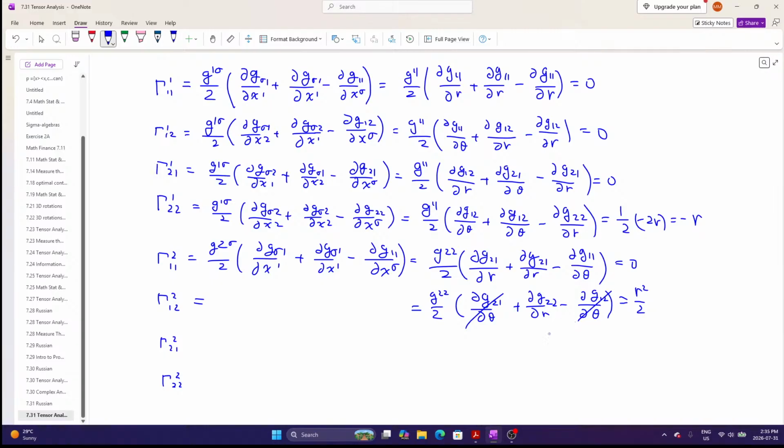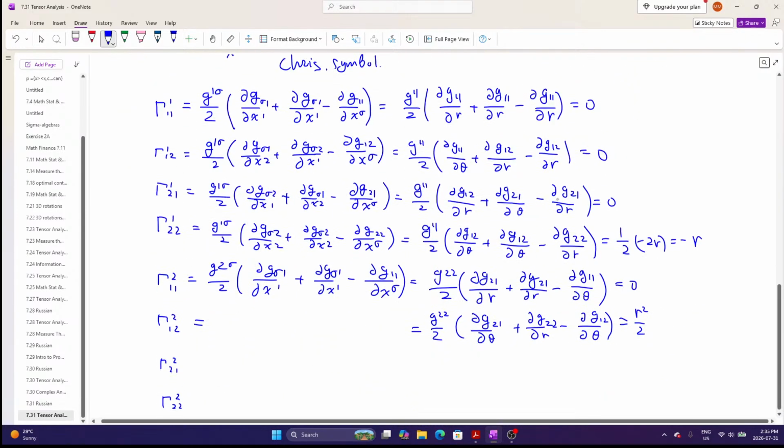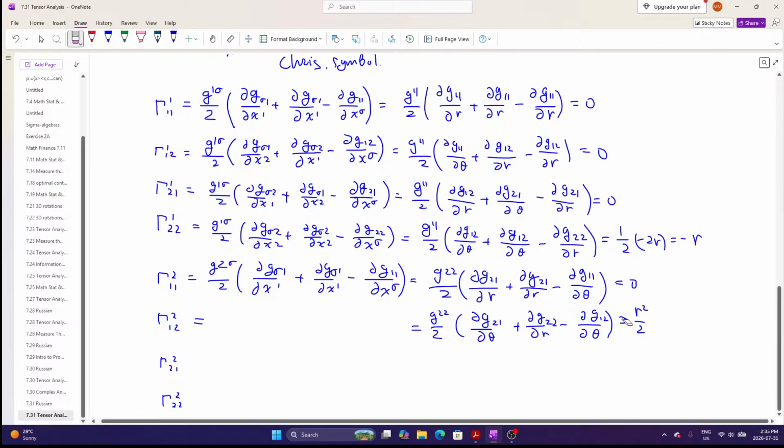And then times dg22. Actually, my bad. G22 upstairs. This should be G22 upstairs. Upstairs should be r to the minus 2. My bad. Not g squared. This is G22 upstairs.